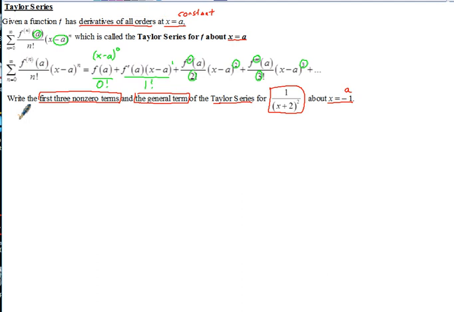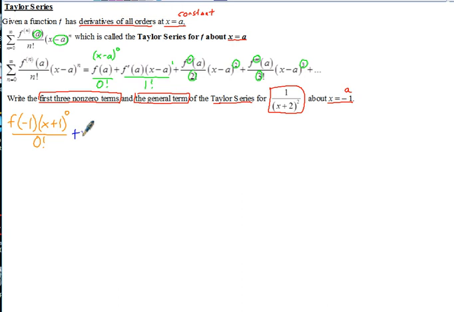So this is going to be the 0th derivative, in other words, the original function. f of, not 0 though, a value is negative 1, so f of negative 1, the 0th derivative. And then it's x minus a, but minus negative 1 makes it plus 1 to the 0th power over 0 factorial. That would be our first term in the Taylor series. You can see a lot of things are going to simplify there.